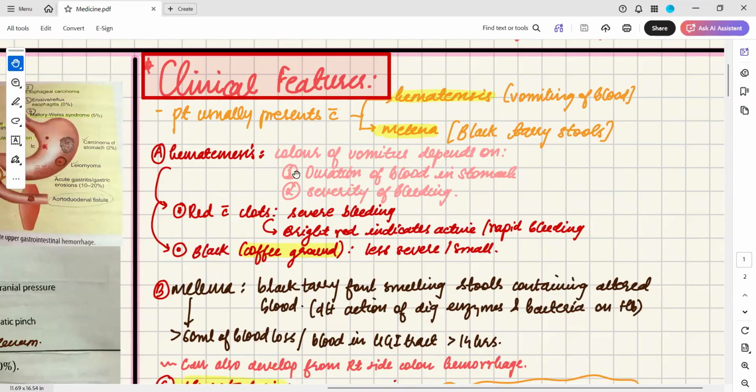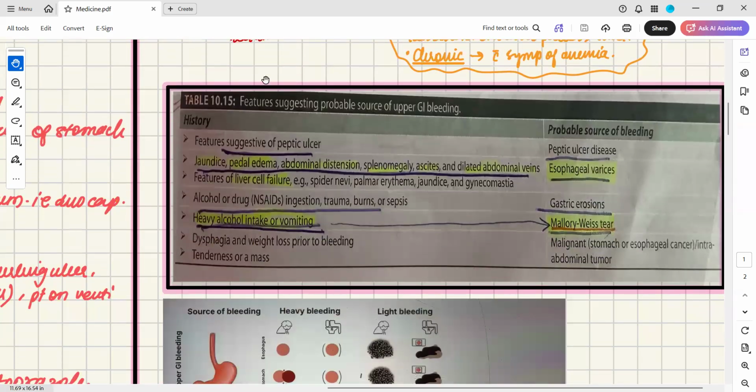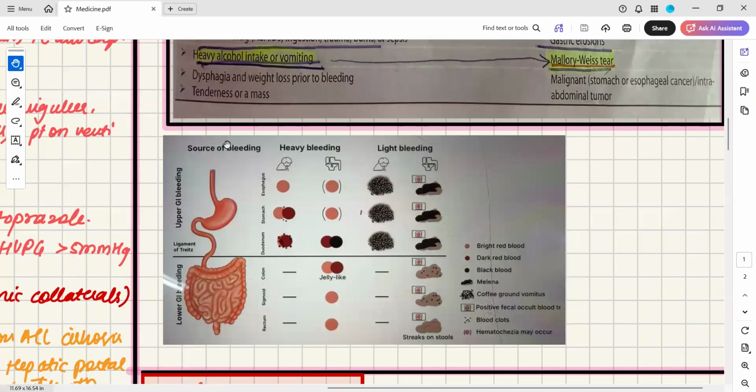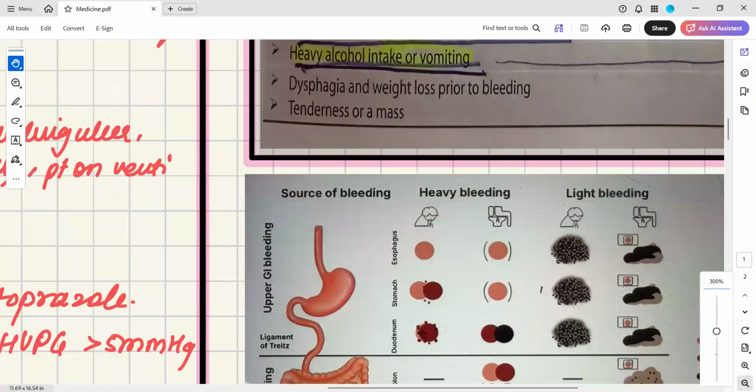The two main features the patient presents with are hematemesis and melena, but there can also be hematochezia, which is mostly a feature of lower GI bleed. Sir, can you go a little down for an image that I've shown in the clinical features?